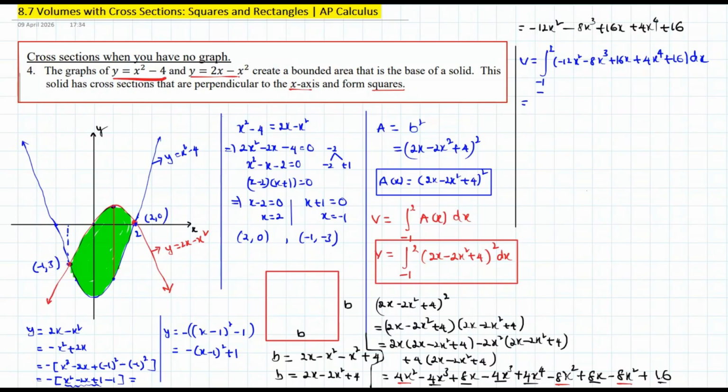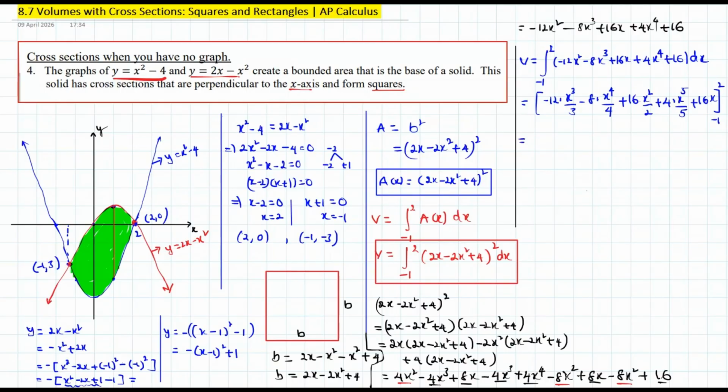So the integration of x squared is x to the power 3 over 3, minus 8 times the integration of x cubed, that is x to the power 4 over 4, plus 16 times the integration of x, which is x squared over 2, plus 4 times the integration of x to the power 4, which is x to the power 5 over 5, plus 16x, and the limits are negative 1 to 2.